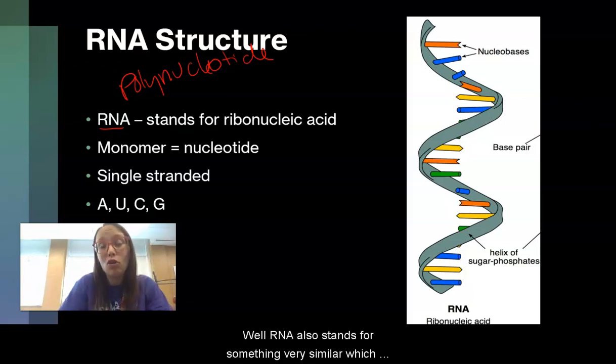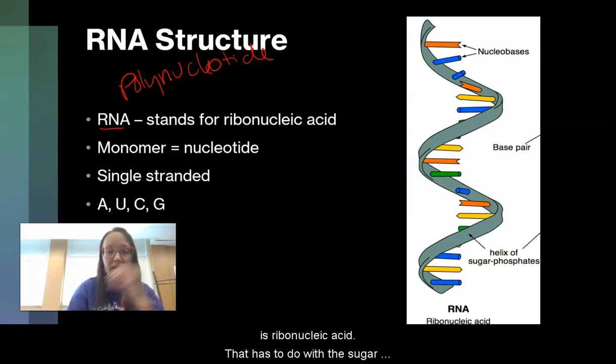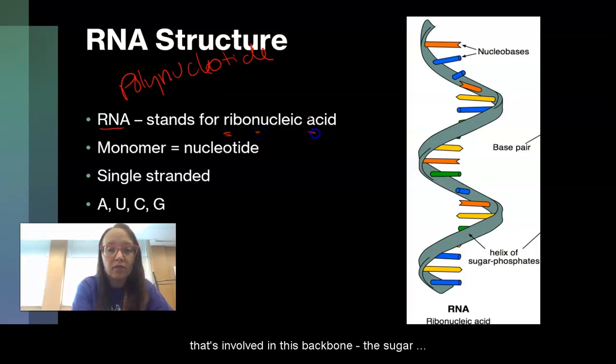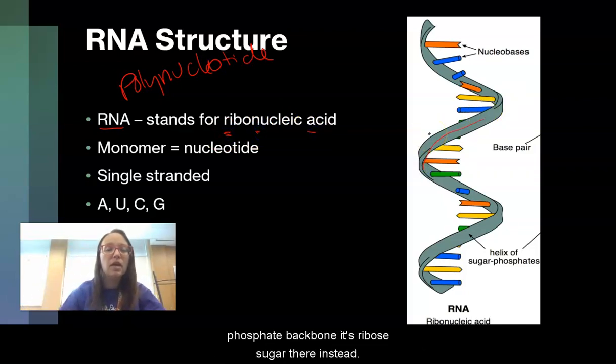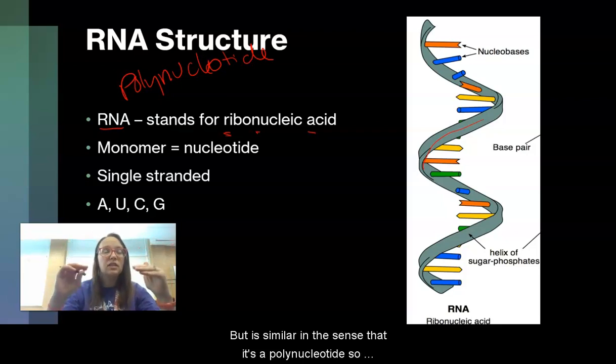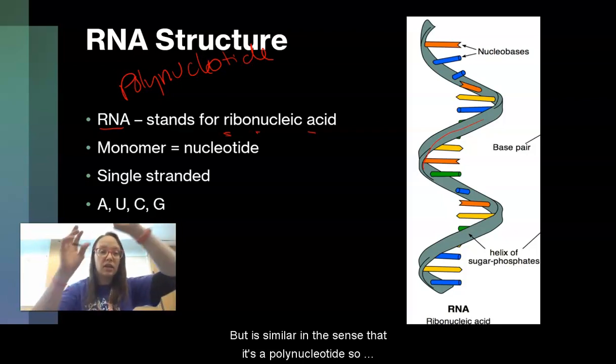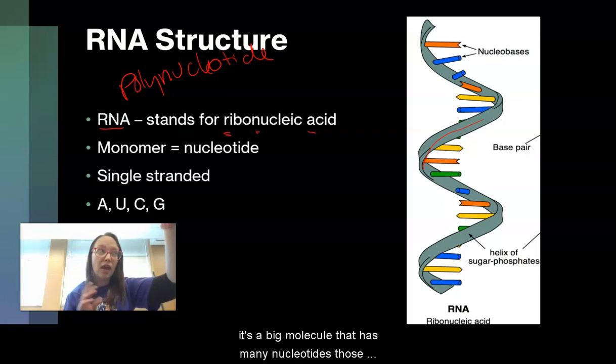Well, RNA also stands for something very similar, which is ribonucleic acid, and that has to do with the sugar that's involved in this backbone. So we've got the sugar phosphate backbone. It's ribose sugar there instead. But it's similar in the sense that it's a polynucleotide, so it's a big molecule that has many nucleotides.